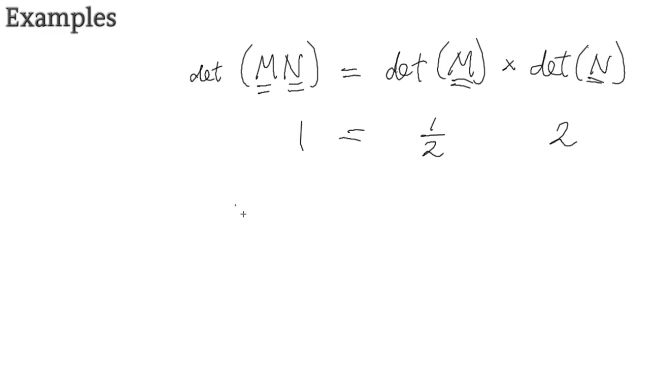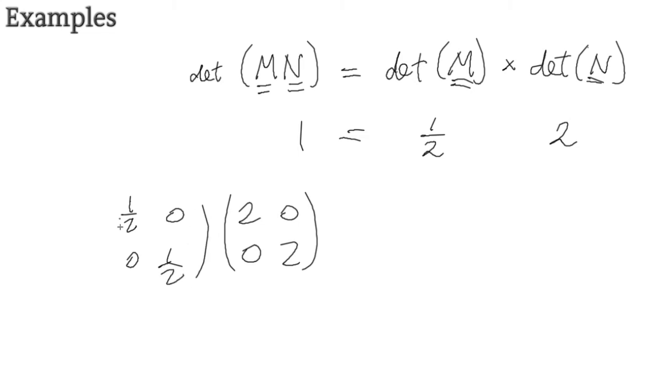If I have 2, 0, 0, 2, a scale factor of 2, that's n, then I multiply M in front of it, which is a half, 0, 0, a half, you should get 1, 0, 0, 1, which is the identity matrix.